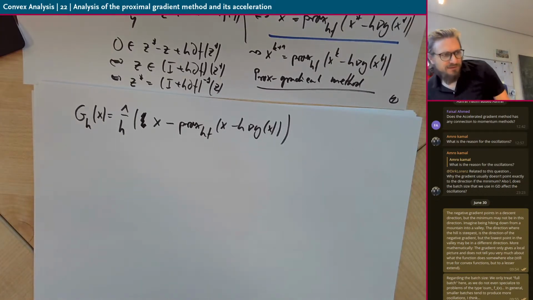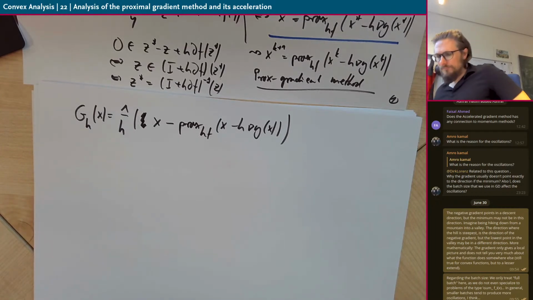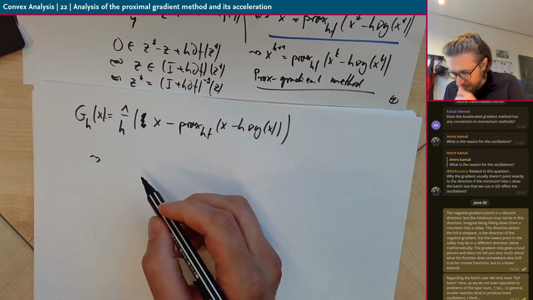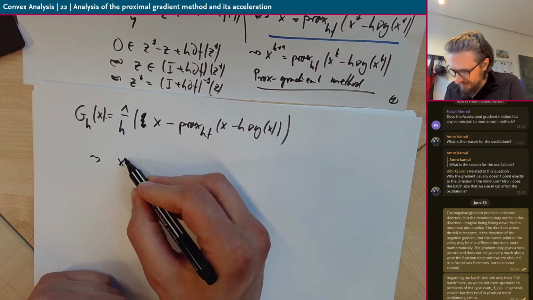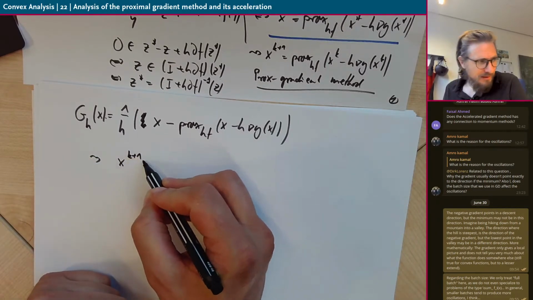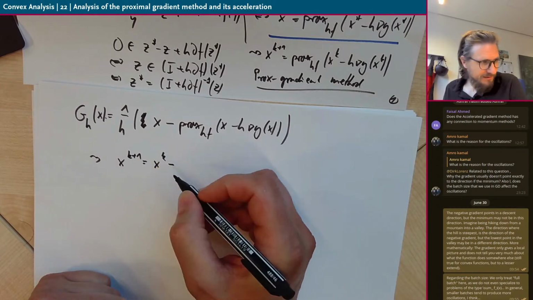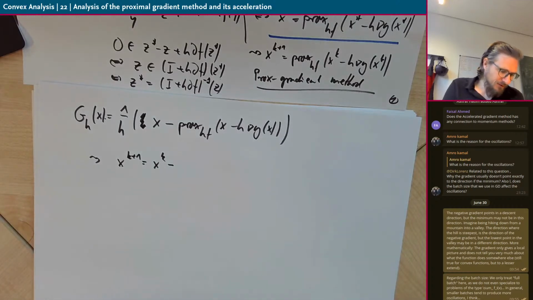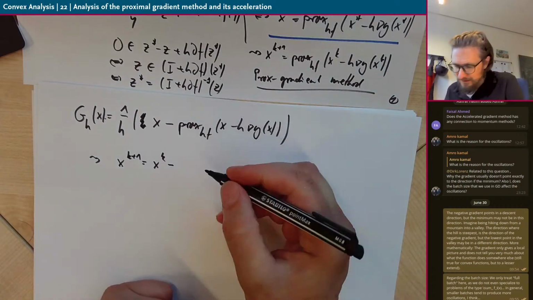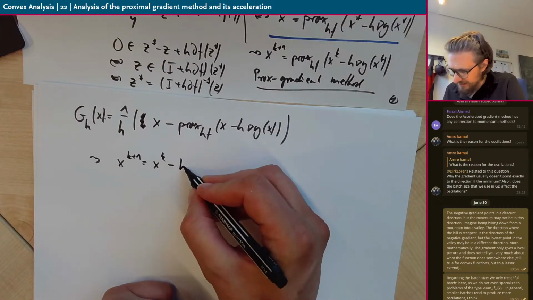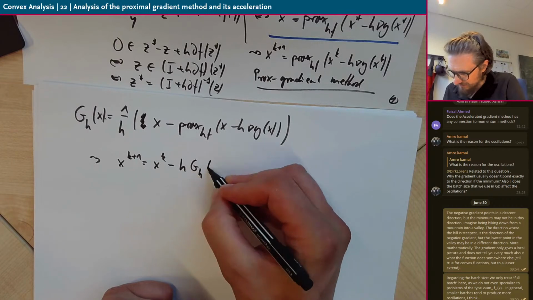Okay, so why is this a good definition? This leads to the fact that xk plus 1 is, if I'm not mistaken, actually xk minus, that's another typo, t should be h once again, xk minus h times G h of xk.